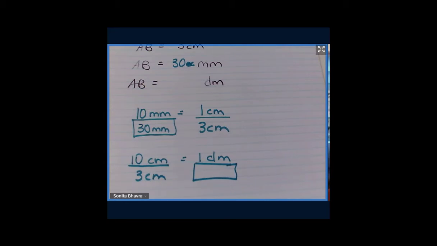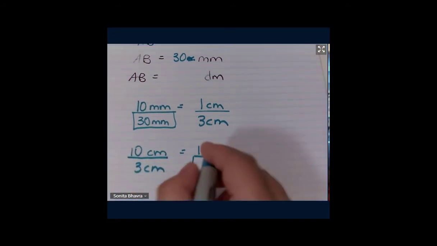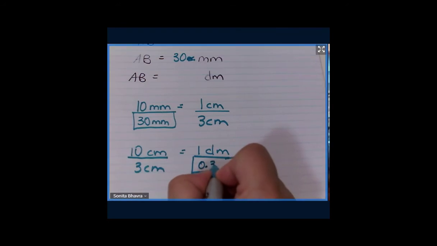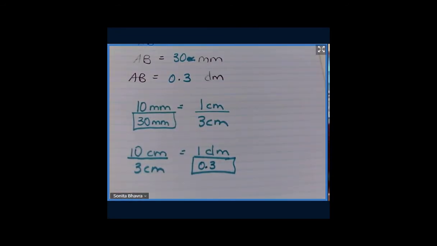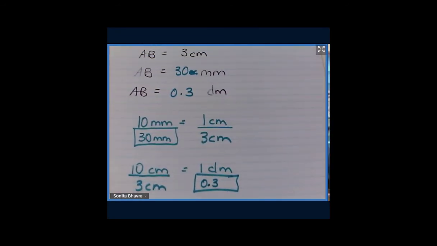You can use cross multiplication again. 3 times 1 is 3, divide by 10, and it gives me 0.3. So 0.3 decimeters is the same thing as 3 centimeters. So there we have all of those converted.